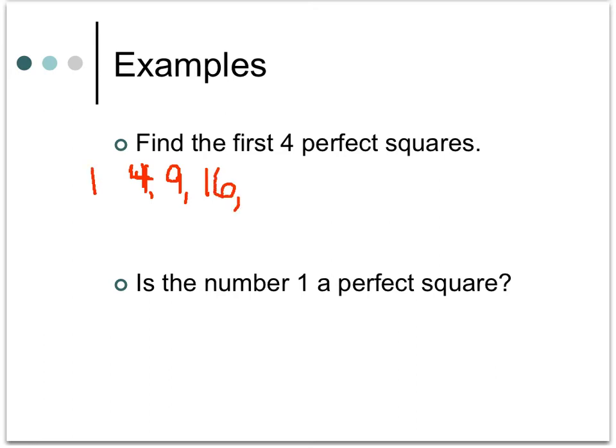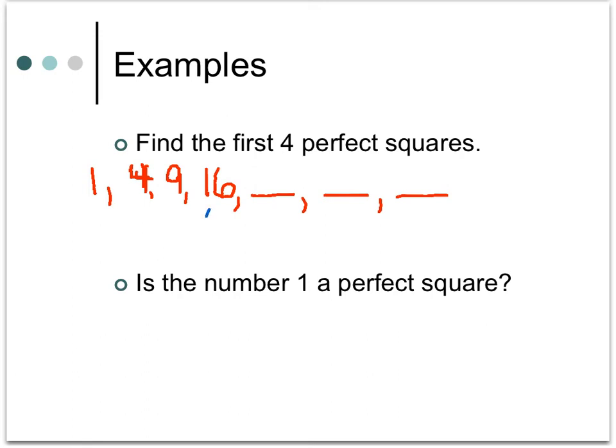I forgot about 1. A 1 by 1 is a 1. So now let's continue on. There's the first 4: 1, 4, 9, 16. Let's see if you can come up with the next 3 perfect squares. Press pause and I'll let you do that, and then I'll solve them for you once you press play.